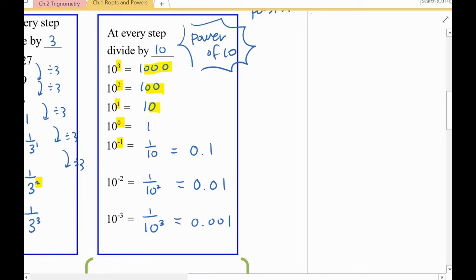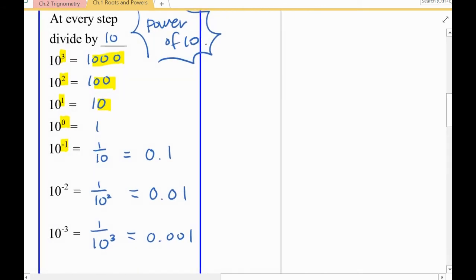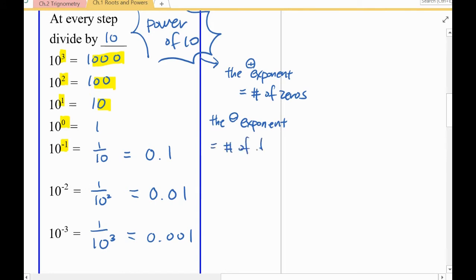So here, power of 10. The exponent, if it is a positive exponent, is the same as the number of zeros. And the negative exponent is the number of decimal places.